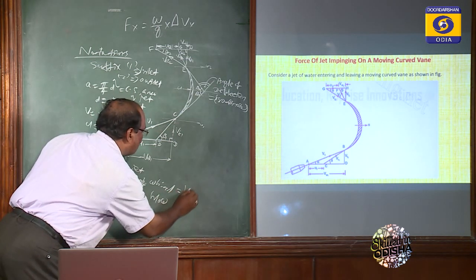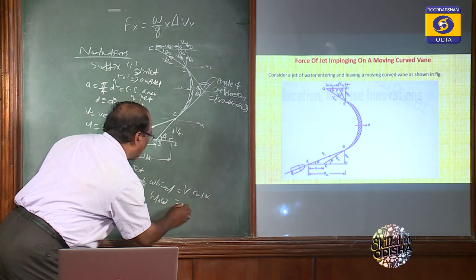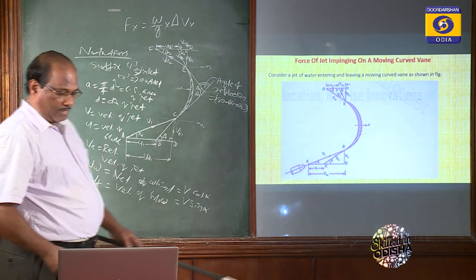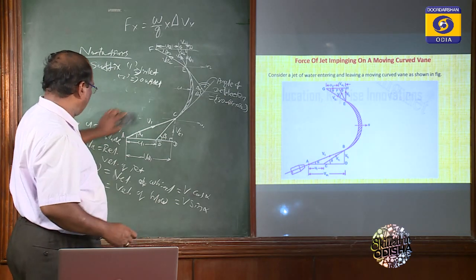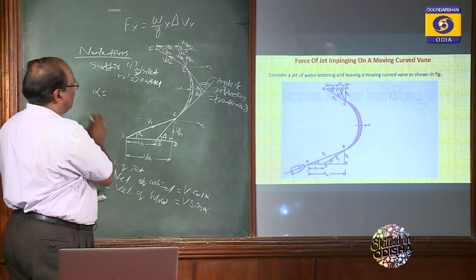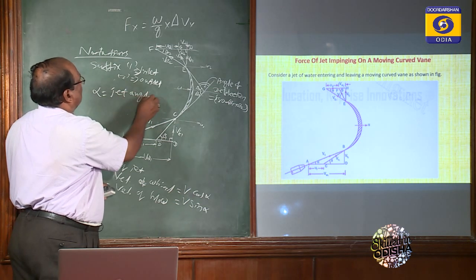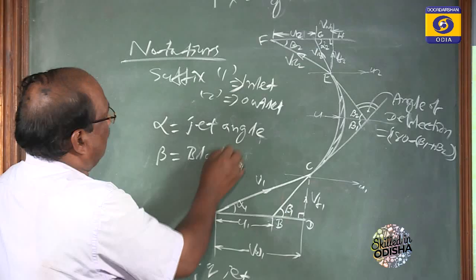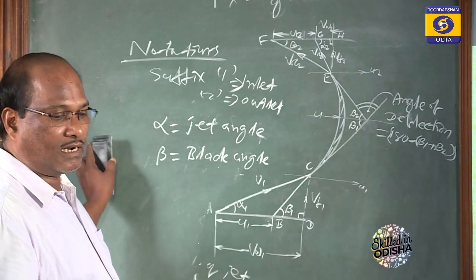This is equal to V cos alpha, and this is equal to V sin alpha. Again, alpha is the jet angle, or angle of jet. Beta is the blade angle. These are the standard notations.